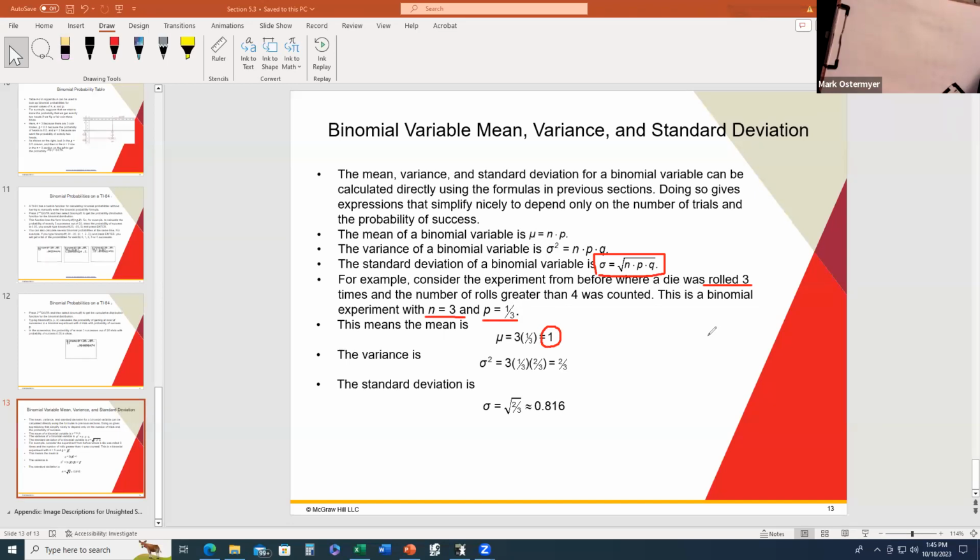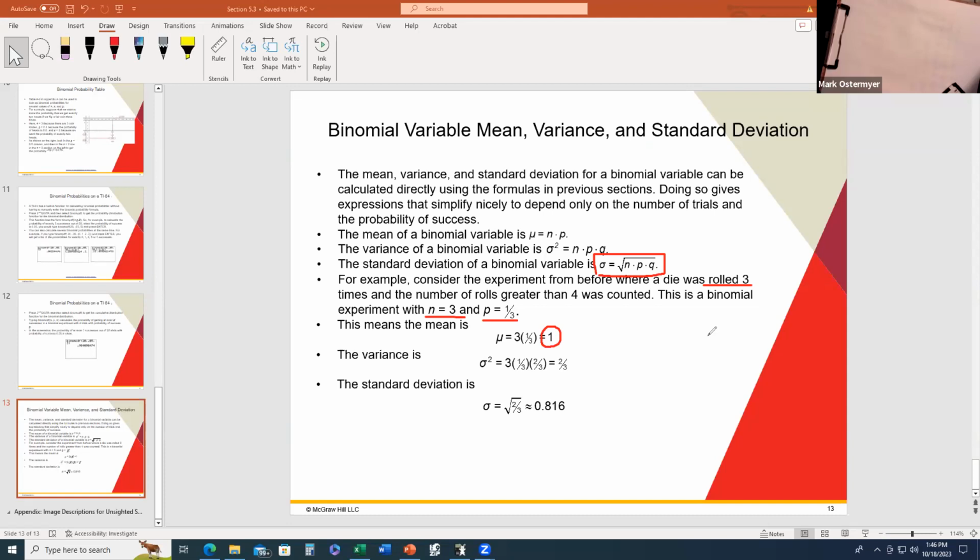So what's that saying? What it's saying is this. If we were to roll this die 3 times and keep track of the number of successes we had, in other words, the number of faces that came up larger than 4, if we were to do this experiment say 100,000 times, if you added together all the number of successes of 3 trials of rolling this die, in other words, the total number of faces that came up greater than 4, and then divided by 100,000, you would come up with 1.